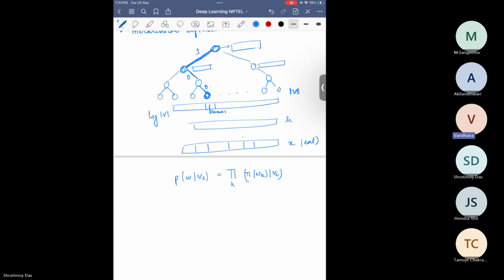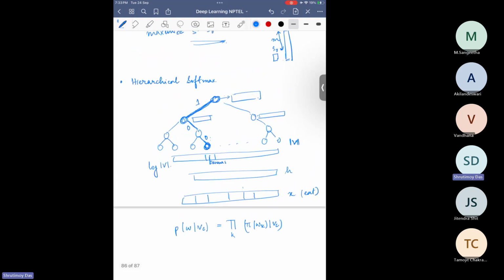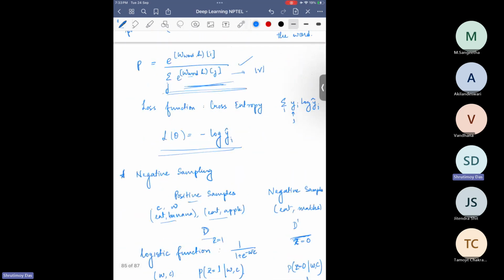So hierarchical softmax is computationally less expensive. Yes, because we don't have to look at the sum of all these V terms. We just have to look at the products of only the terms which appear in this tree, right? So suppose we have V equal to say 1024. If you are doing a softmax here, you have to sum this 1024 times, and each of these terms will have some computation, which can be very large.